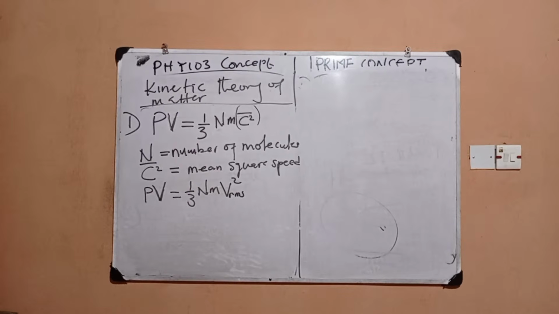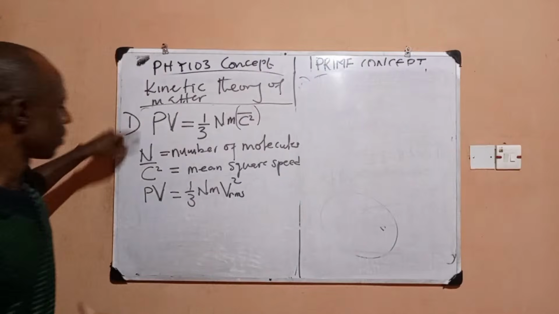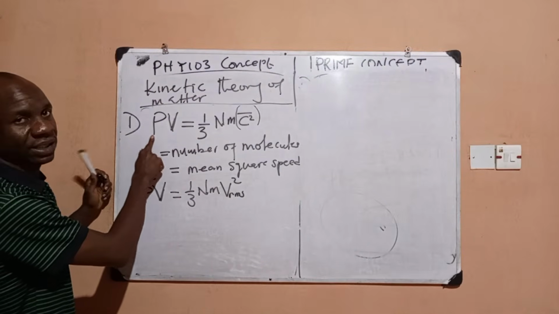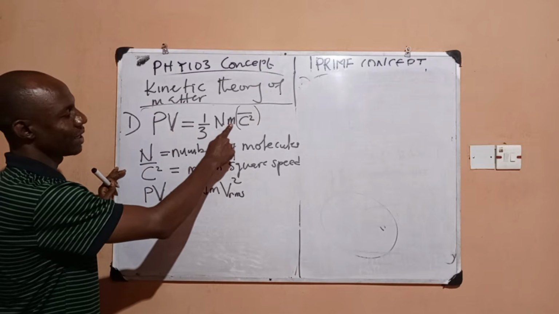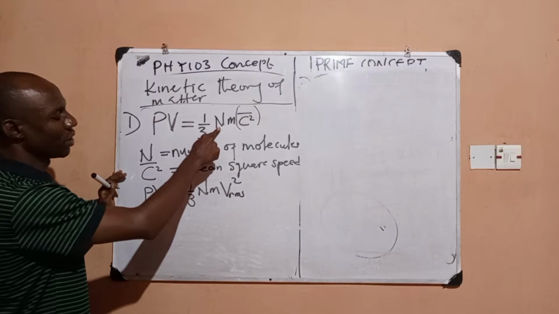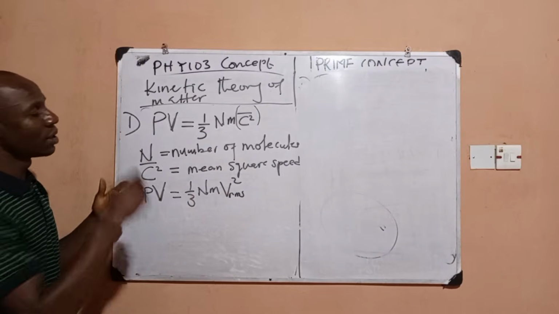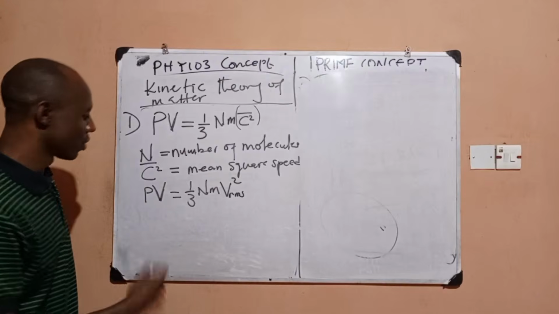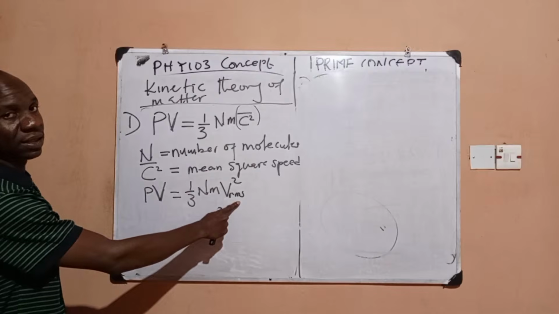I love that. So you take note of this. In this formula, I'm sure you know that P is pressure, capital V is volume, M here is mass, N is the number of molecules. I've explained what that means. So these two relationships are the same. So you would also see, if I want to make this mean RMS speed, root mean square.